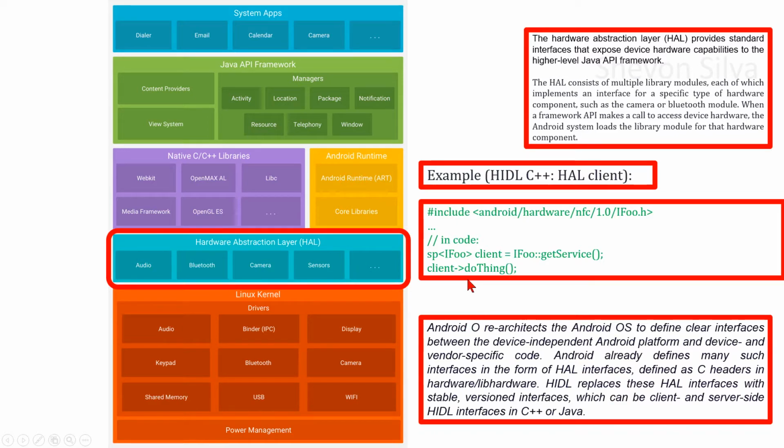Android O re-architects the Android OS to define clear interfaces between the device-independent Android platform and device and vendor-specific code. Android already defines many such interfaces in the form of HAL interfaces defined as C headers in hardware/libhardware.